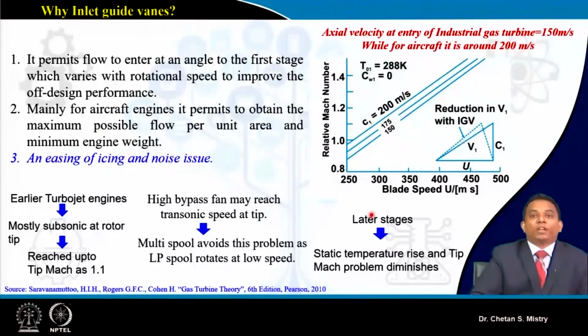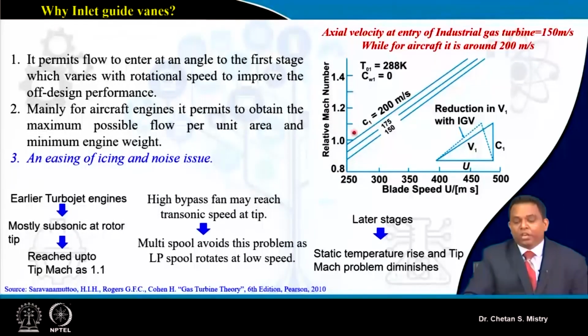That means in the denominator term, when I calculate my relative Mach number, it will never reach the transonic range. That gives us the idea that the high speed or HP compressor has subsonic kind of blades.